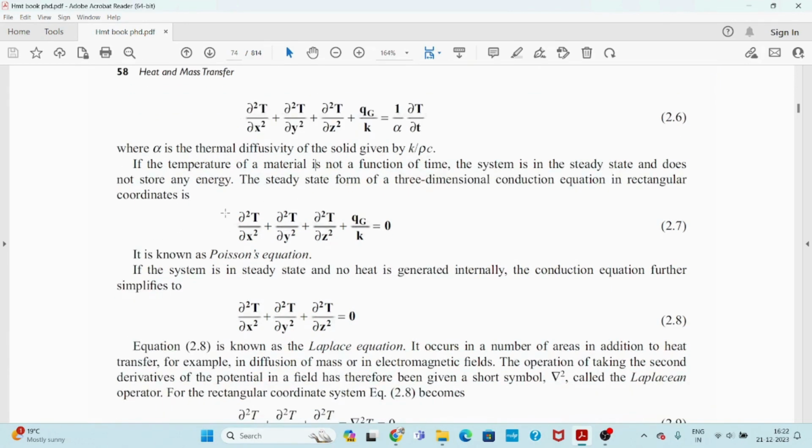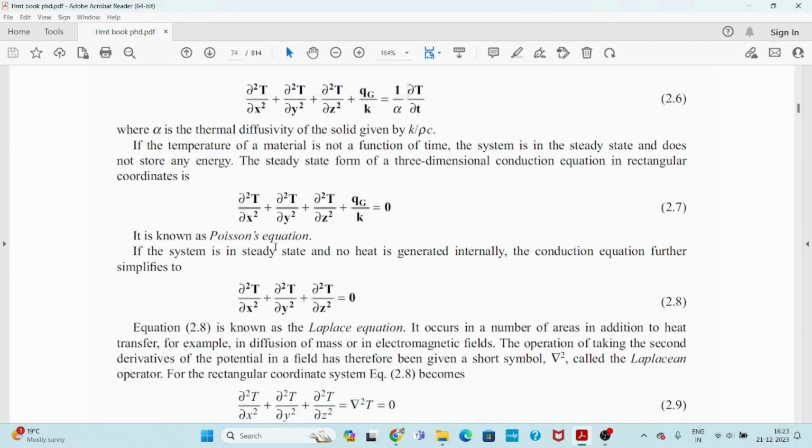Please also remember this equation. When you put ∂T/∂t equal to 0, you will get this equation, and this is called the Poisson equation. It is directly asked what the Poisson equation is, and if you remember, you can give the answer. And if there is no heat generation, this will become the Laplace equation.